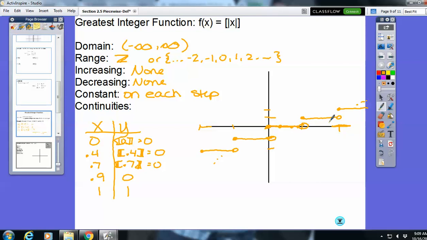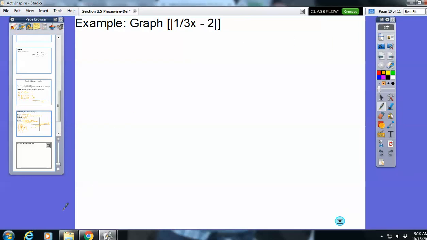So you could say on each step, you could say everywhere except the integers, something along those lines. So we're going to graph the greatest integer of 1/3 x minus 2.